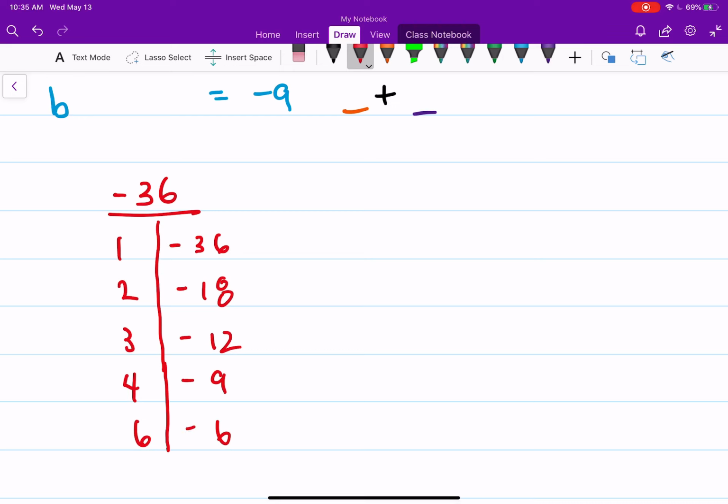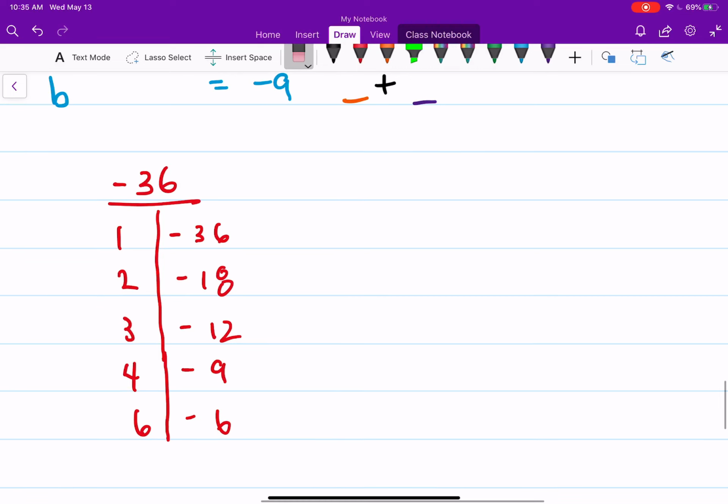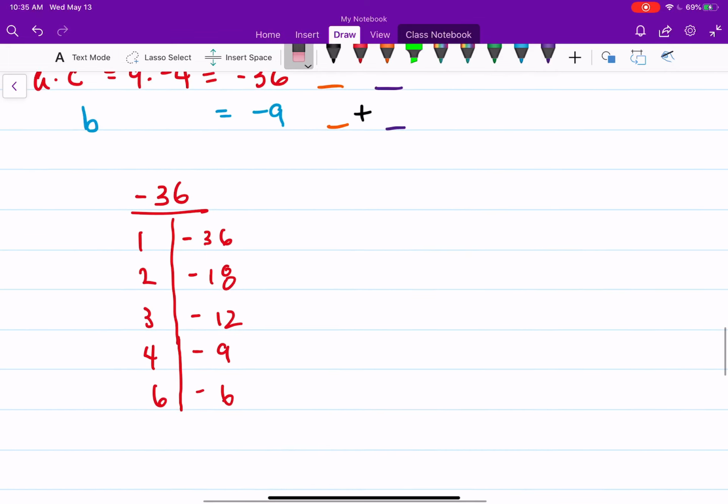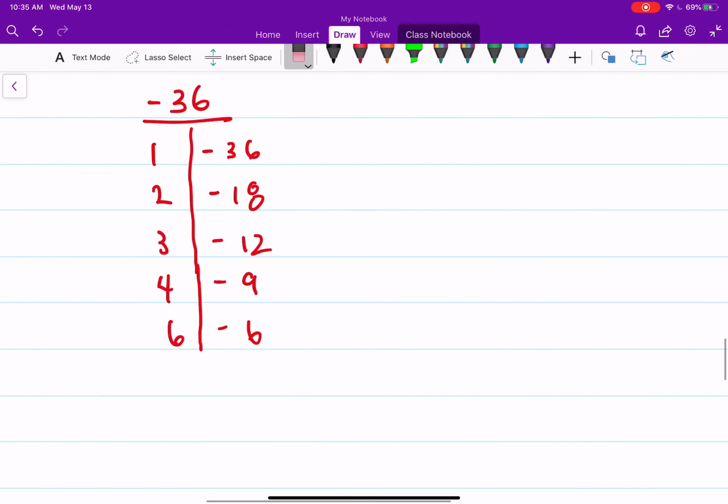So you notice that every time I multiply any of these lines, I'm going to still get negative 36. Now I got to figure out which one of these adds up to negative 9. It looks like this right here would give me negative 9.